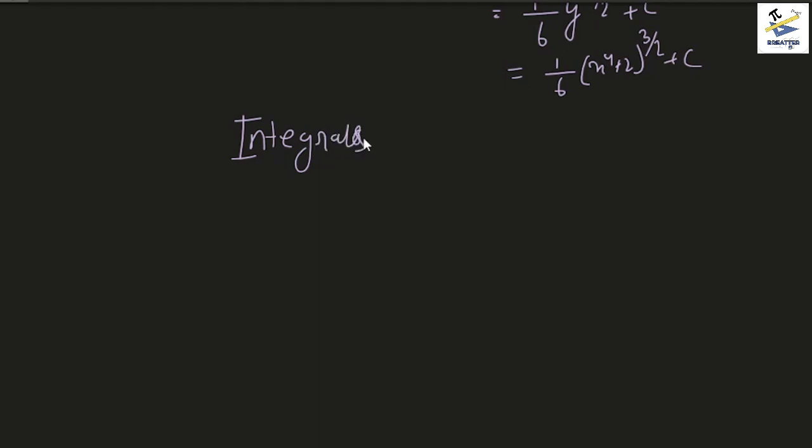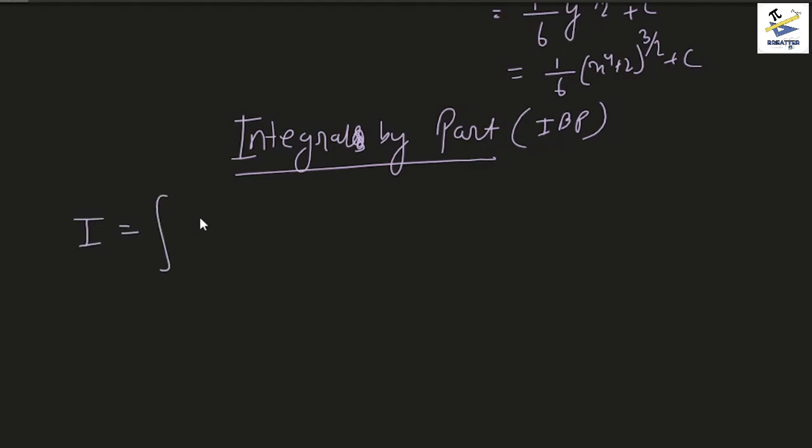Integration by parts is also known as IBP in short. As the name suggests, it is a rule to find integrals of the form where you have two functions, f(x) into g(x) dx.